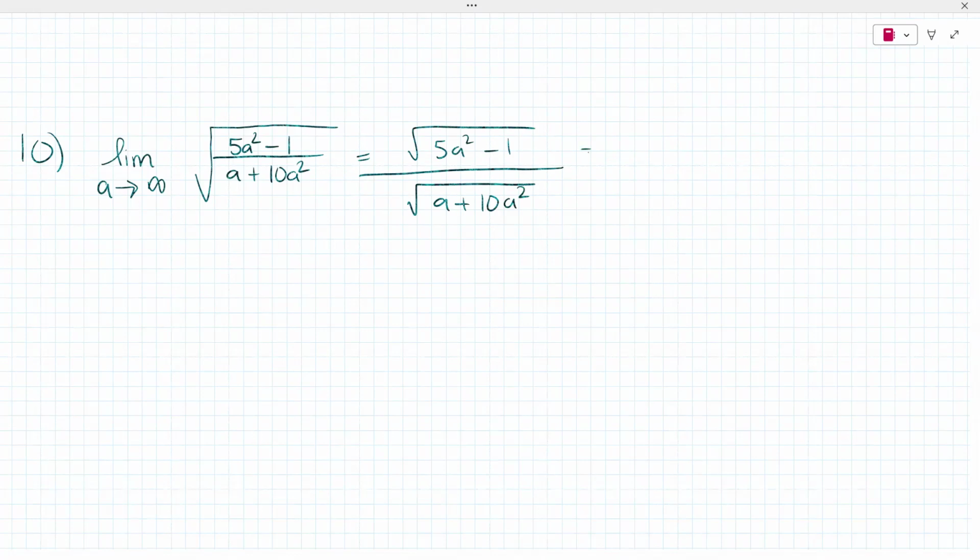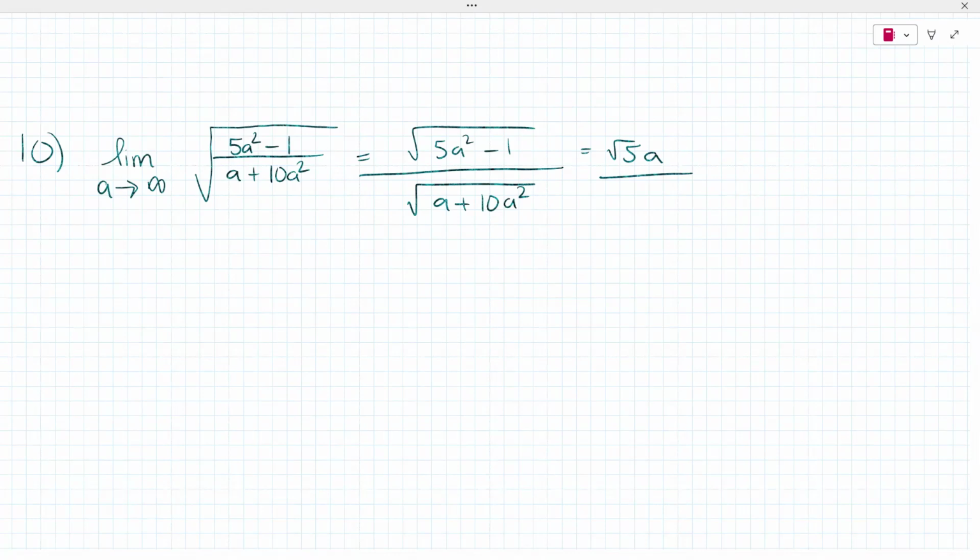And then kind of simplify this. If you take this square root of 5a squared, that would be square root of 5a. And I don't even care about the negative one because it's not the highest term. Now do the bottom.